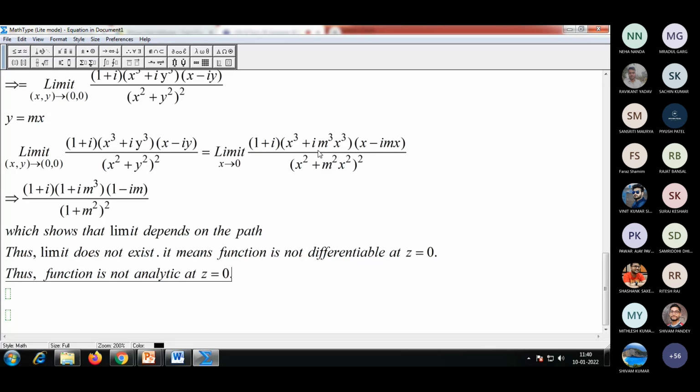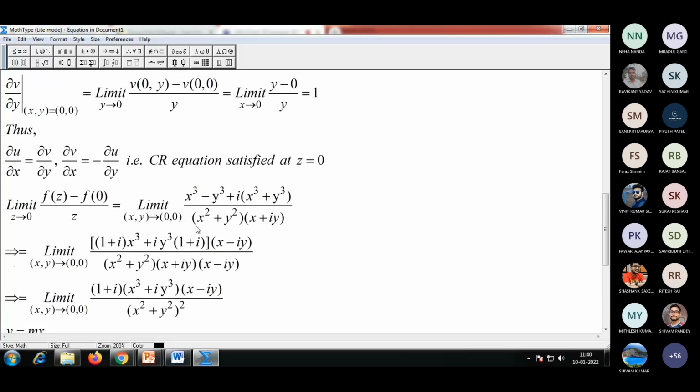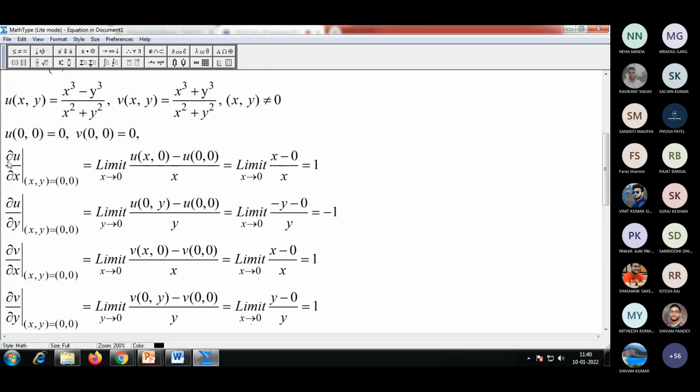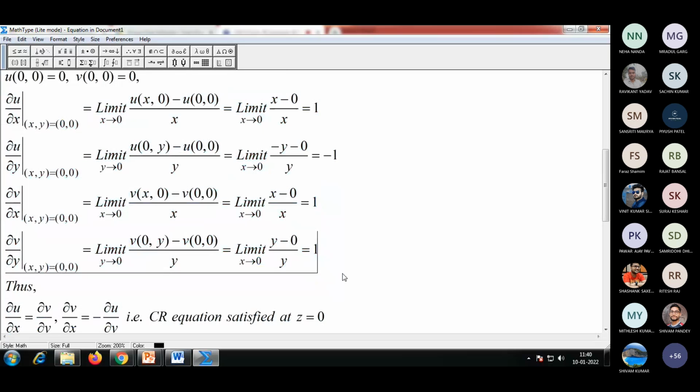So it is a good example where you can find out that the satisfaction of CR equation is not the sufficient condition for the analyticity of the function. If CR equation is satisfied at a point, it doesn't mean that the function is analytic at that point.